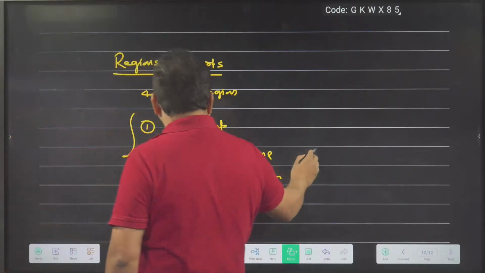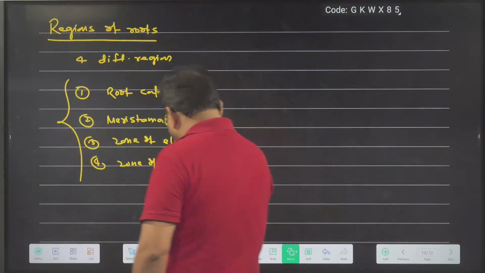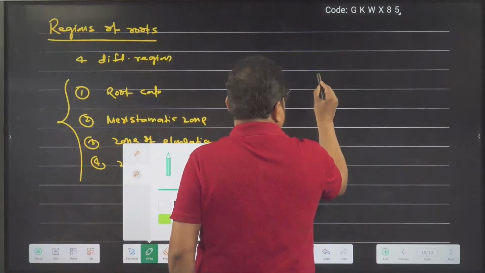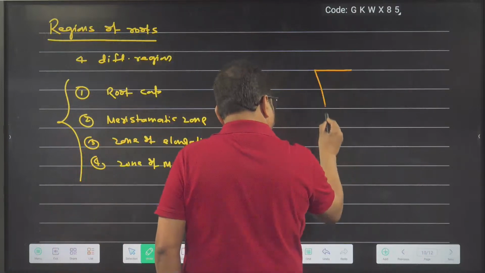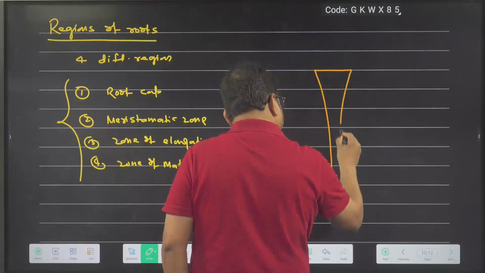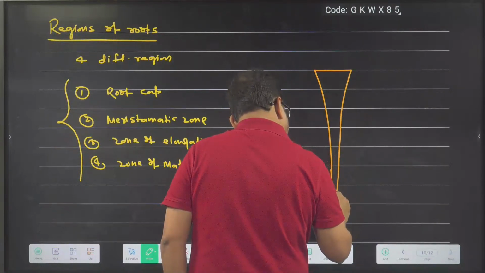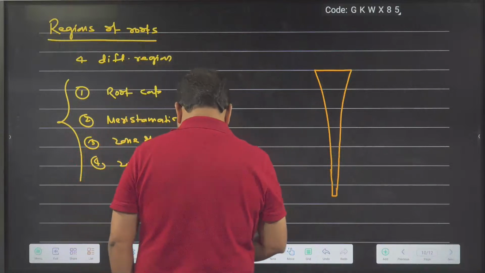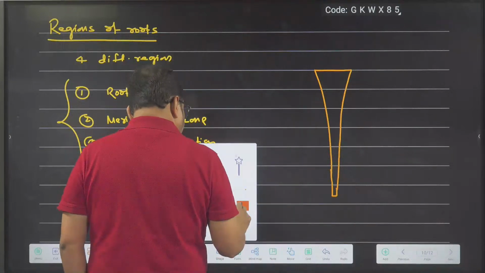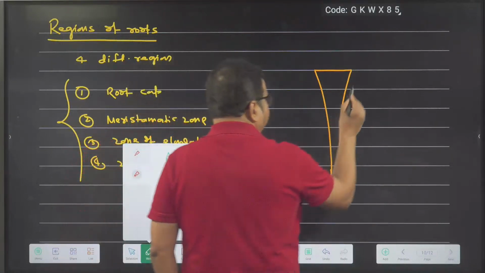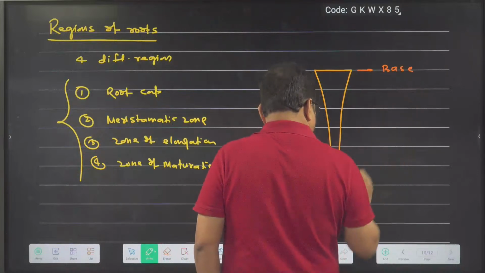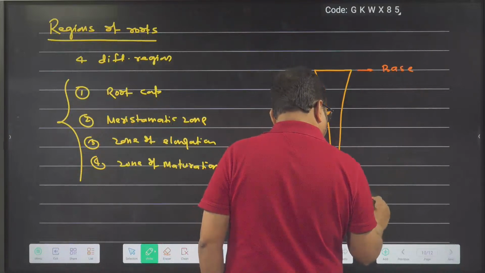Now I am going to tell you about these through a diagram. So suppose here it is the primary root. This area I am telling is base, and this area I am telling apex.